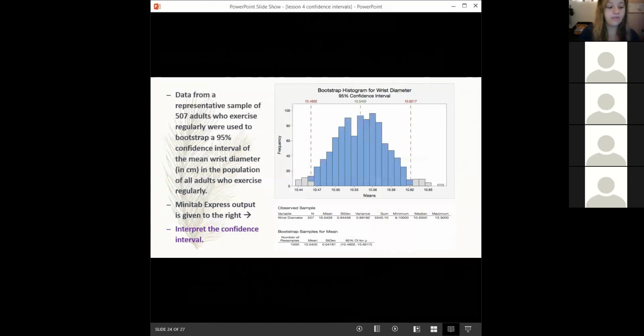You already have it. I already gave you the confidence interval down there. So go ahead and interpret this. Remember, as a hint, we are 95%. Okay, so go ahead and come up with an interpretation for this, and then we'll go over it.